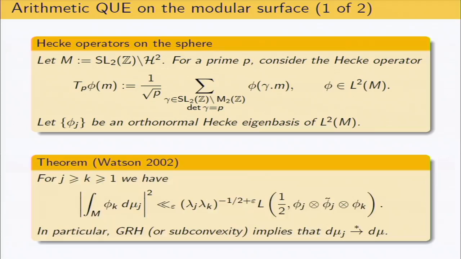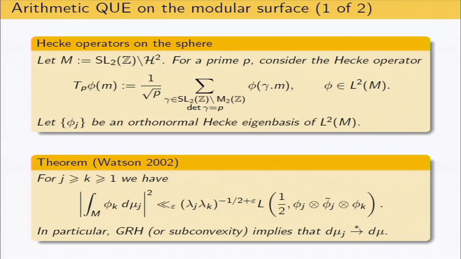And then, corresponding to the theorem of Böcherer, Schulze-Pillot, and Sarnak, the celebrated thesis of Watson established a similar estimate for the integrals of harmonics with respect to these probability measures on the underlying manifold.